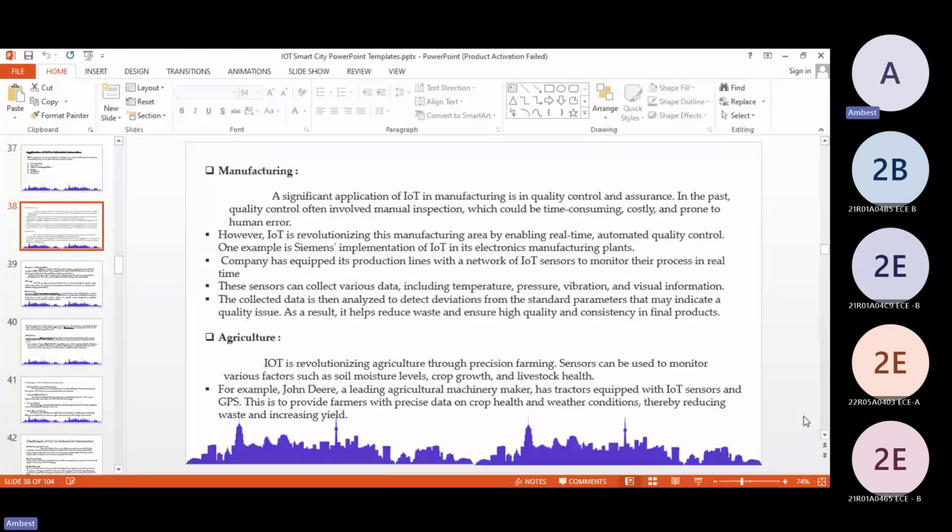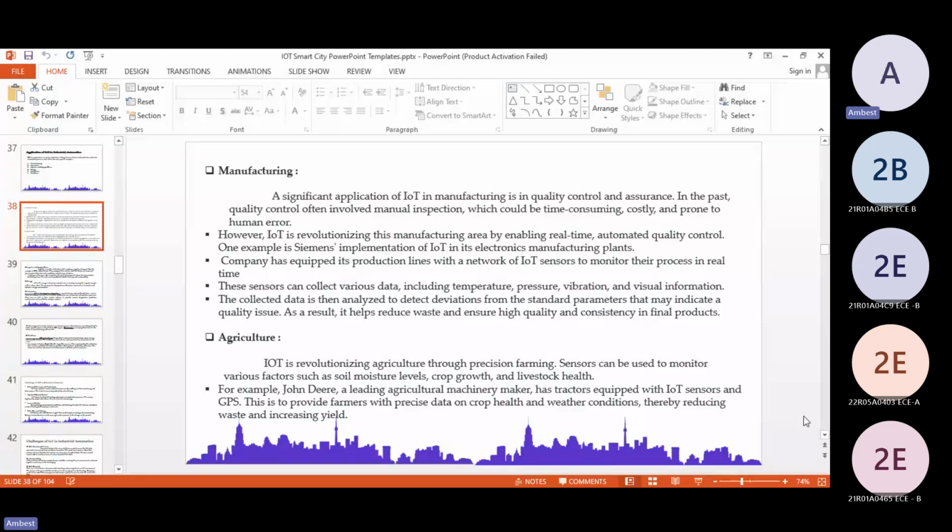Just like an example, if we take John, he was a leading agriculture machinery maker, where he has tractors equipped with IoT sensors and GPS even. With this, it is provided to the farmers to process the data on crop health and weather conditions.